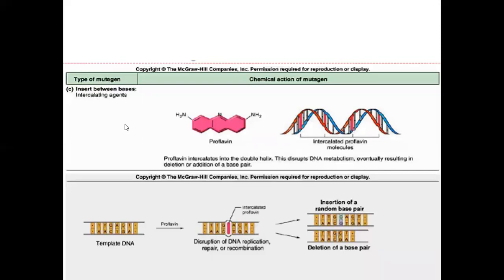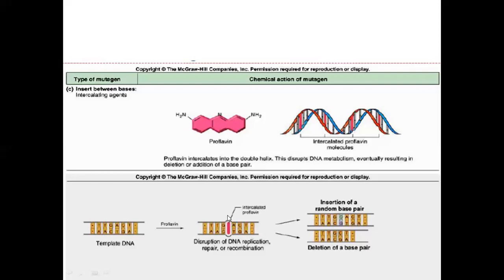Remember, the mechanism is that they insert between the bases. In the example given, you have a template DNA molecule, and proflavin is given as an example there. We have intercalating proflavin molecules in the DNA strand, and this leads to a disruption in DNA replication, repair, or also DNA recombination.